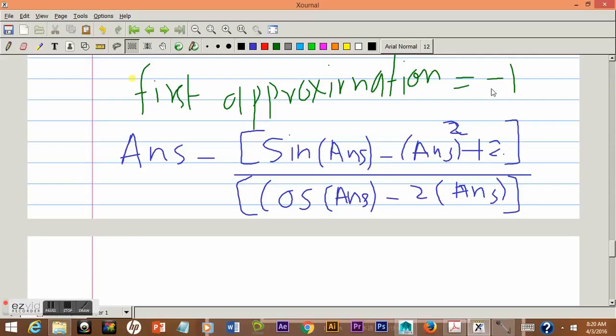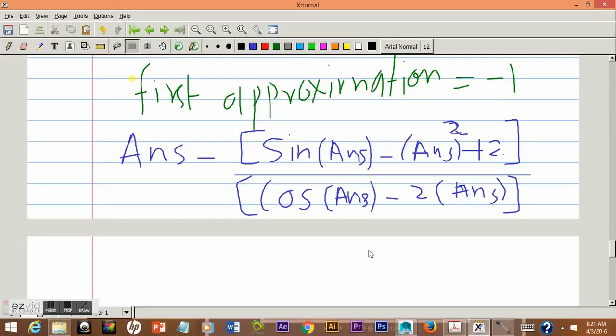Minus answer squared plus 2. I'm checking in my calculator, so please hold on a bit. Sine of answer minus twice.